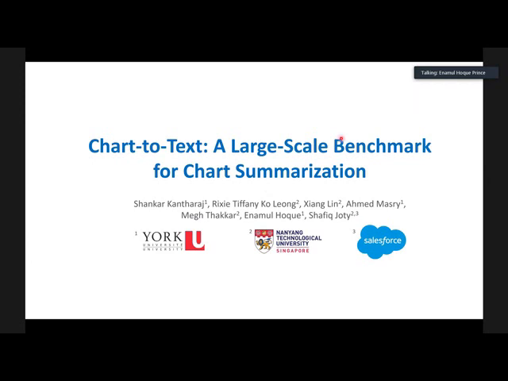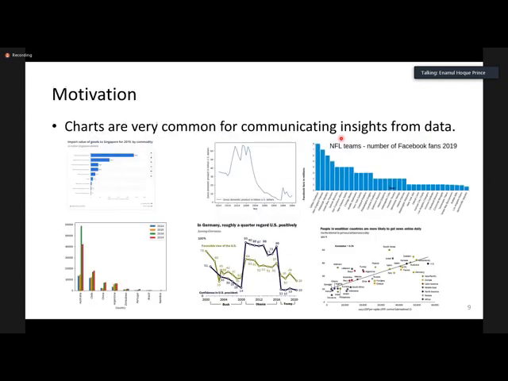So in this paper, we found that while charts are very helpful for communicating insights, there is no good automatic way of summarizing those charts. For example, you have this bar chart that shows the value of goods in Singapore, but can we summarize this chart automatically?